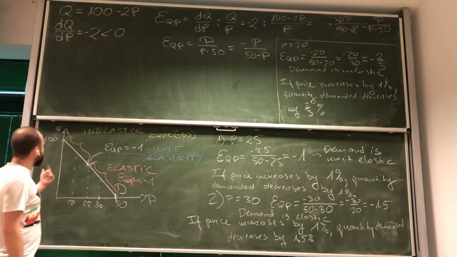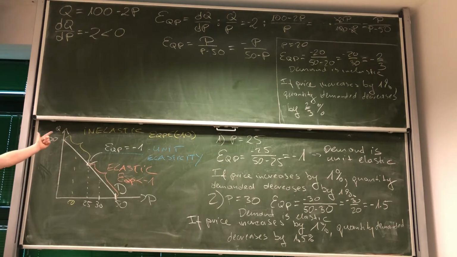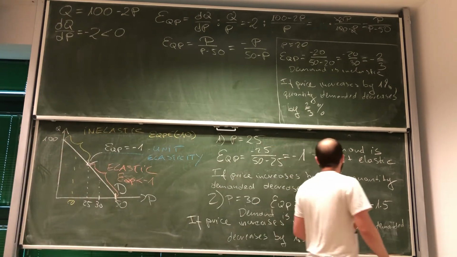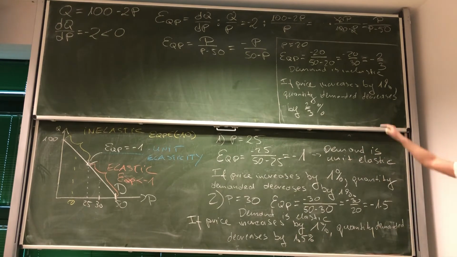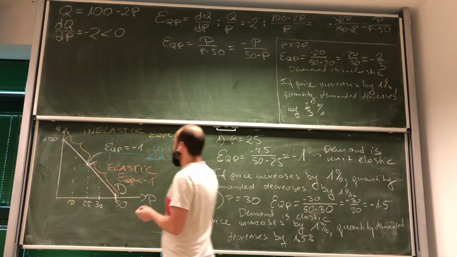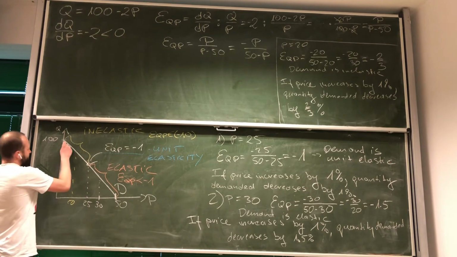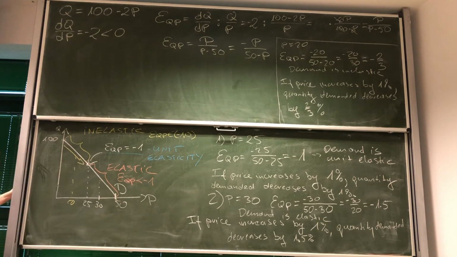Why? Because if the price you're charging goes up by 1%, the quantity that you are selling will drop by less than 1%. So look, what it means is that if we are on the inelastic part of the demand curve, we should be increasing the price.